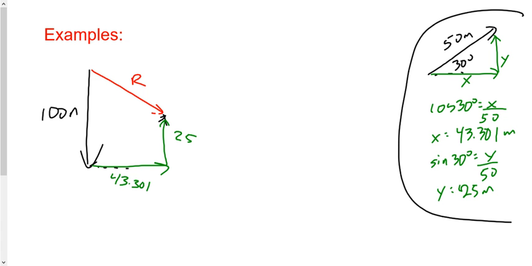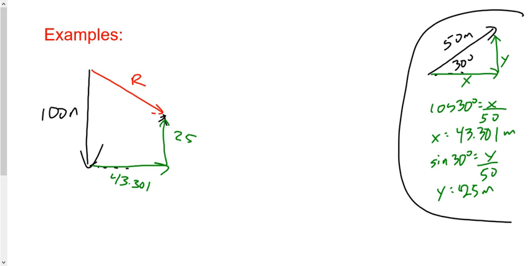I've replaced that 50 meters with a 43 and a 25. Right? Now I can deal with this like I did the homework questions, right?